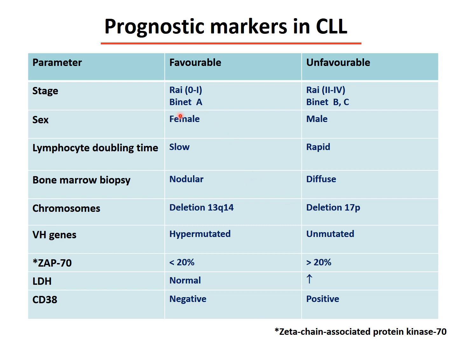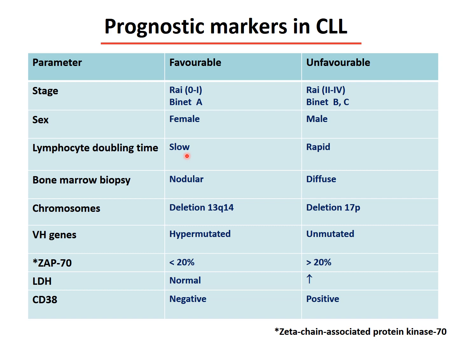For example, female sex is good. If the doubling time is slow, what does slow mean? If the doubling of the lymphocyte count takes longer than 1 year, 12 months, that's good. However, if it's less, they are going to grow and multiply the cells faster.